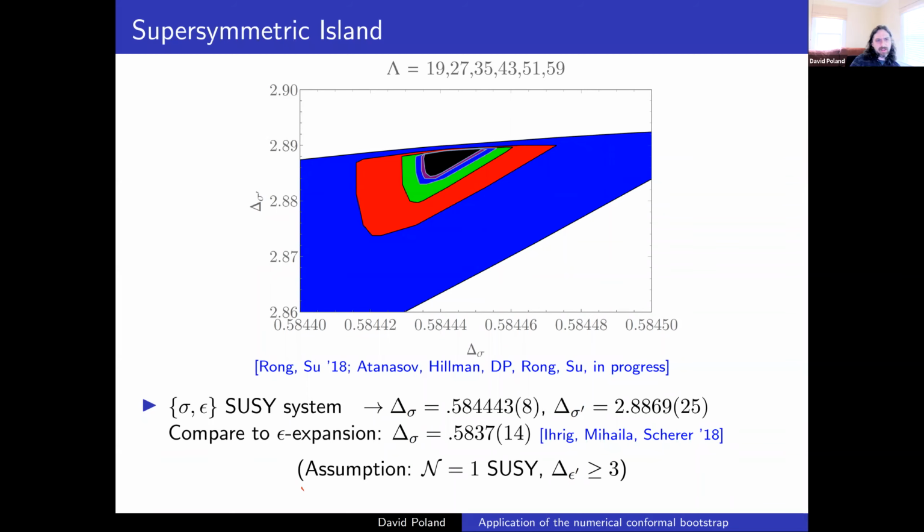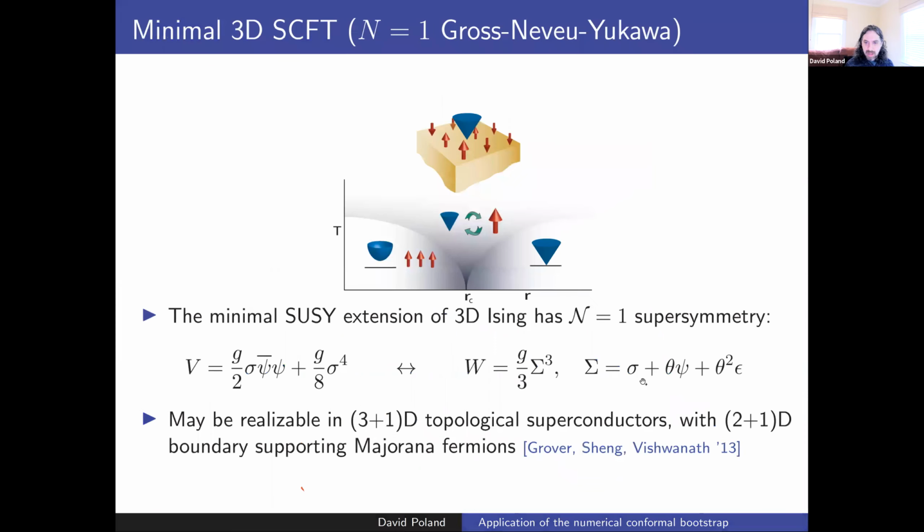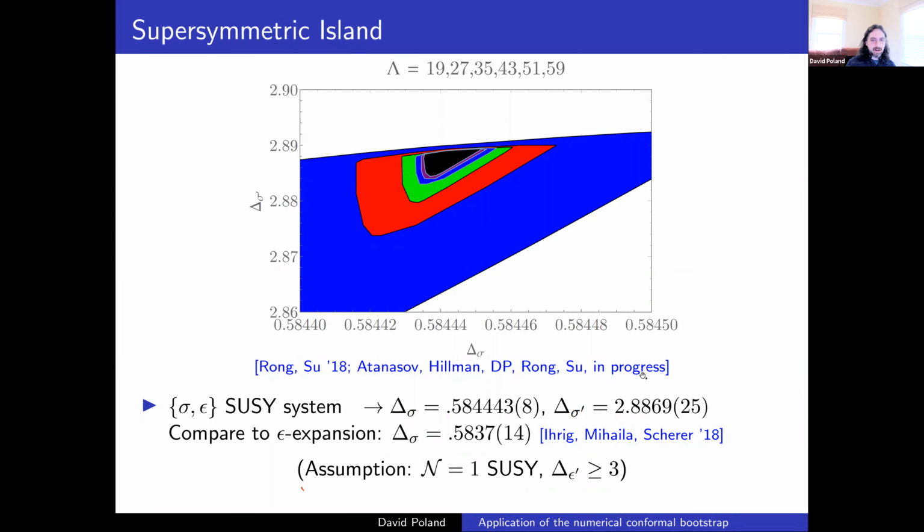So if you look at the system of bootstrap equations involving external sigma and external epsilon, where sigma and epsilon are in the same supersymmetry multiplet, and impose all the constraints of supersymmetry, then you can map out an island. Here it's showing the island in delta sigma and delta sigma prime space.